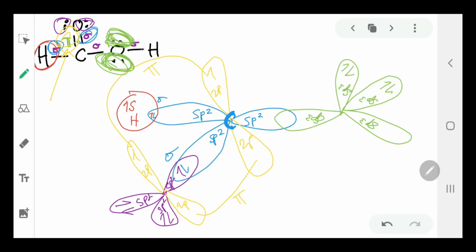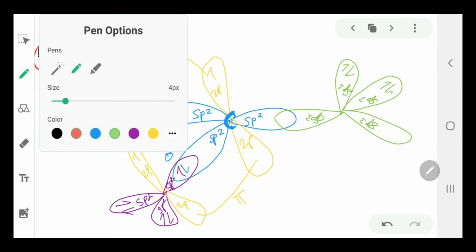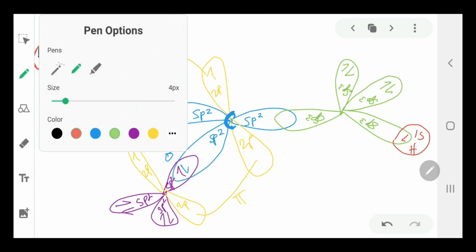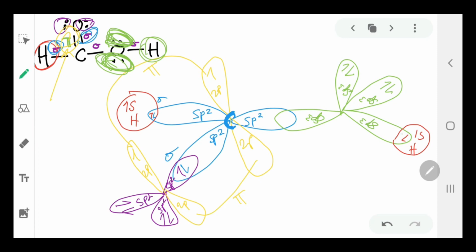And then you have that H, so you can put the H right there. So that is 1s H. Another sigma bond.